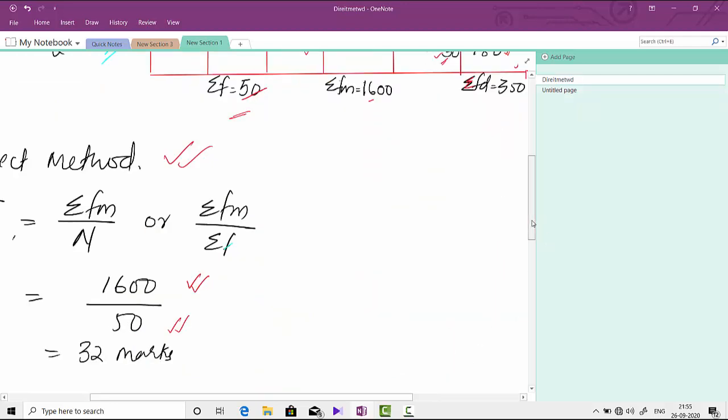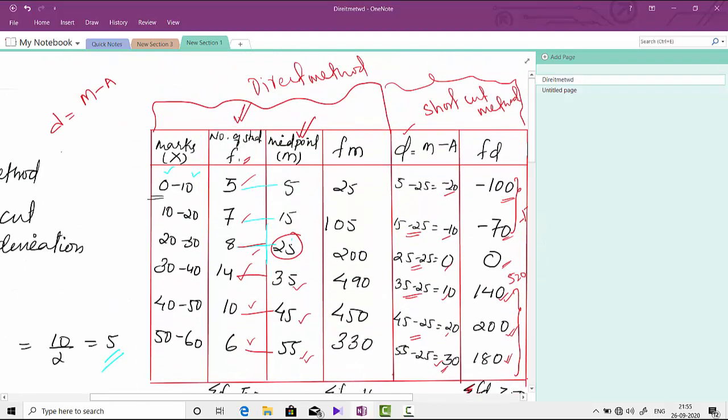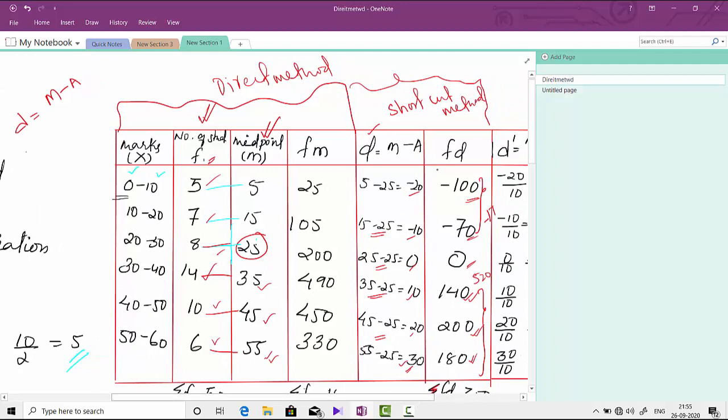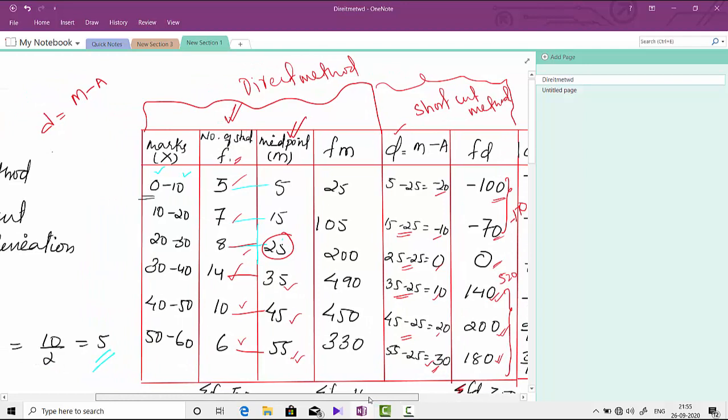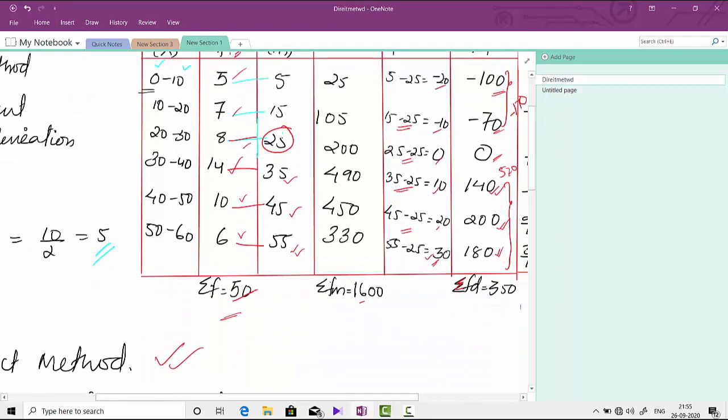So 520 minus 170 will be 350. Since the plus value is more than the minus value, we don't write the minus sign. So the answer will be 350, not minus 350.